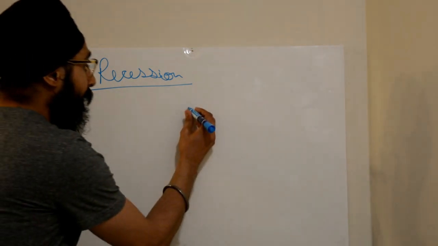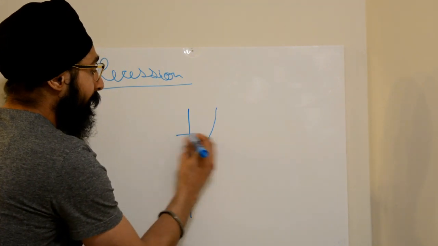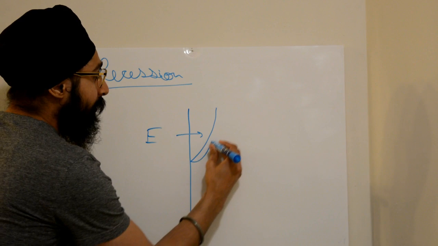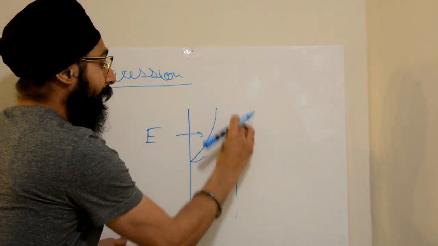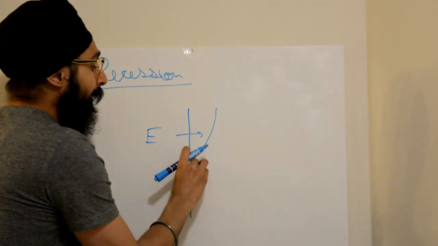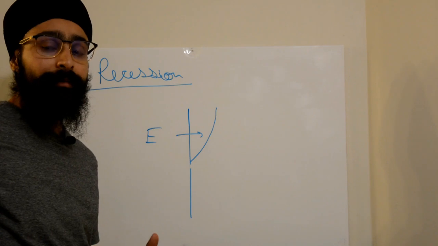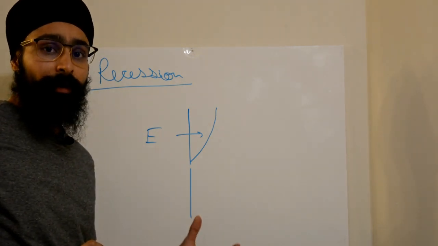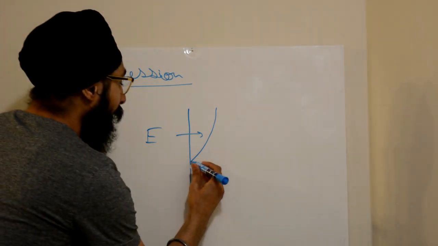To explain it, I am going to draw the same type of diagram. This is enamel. Earlier I represented the gingiva like this, but in case there is periodontitis and bone loss, the soft tissue always follows the hard tissue. That is, whenever there is bone loss, the gingiva also recedes apically.